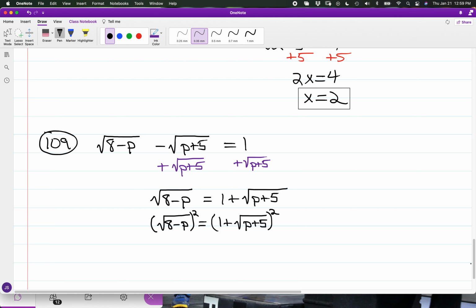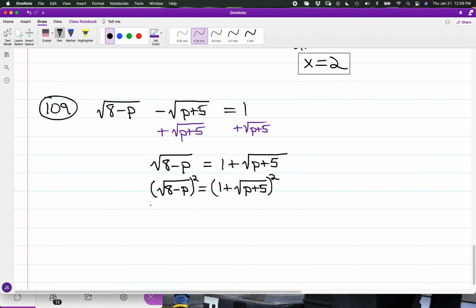Now the square root of 8 minus p squared will come out cleanly to 8 minus p. But squaring 1 plus the square root of p plus 5 does not come out quite so cleanly. The square of 1 plus the square root of p plus 5 means we have 1 plus the square root of p plus 5 times itself.